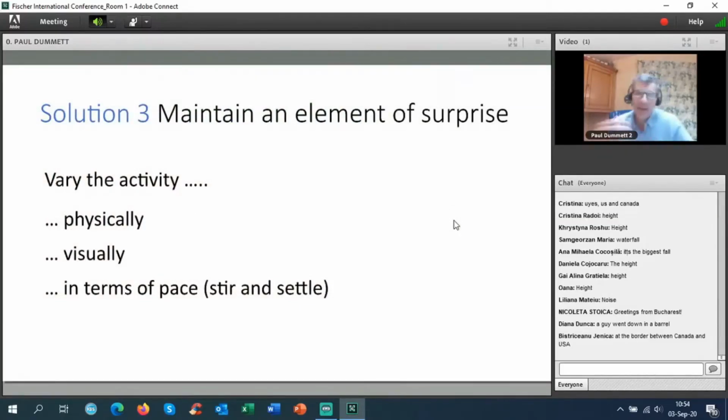The next thing is to maintain an element of surprise. How do we do that? We do that by varying the activity. Could I just ask you now, how long are your sessions? How long usually is an online session? Do you teach for an hour or 90 minutes, or how long is it usually?